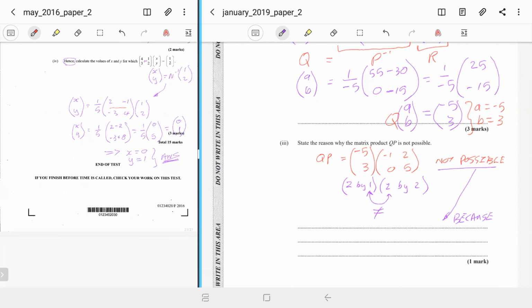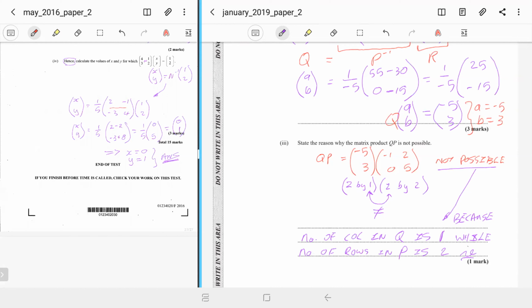Say it: not possible because the number of columns in Q is 1, while the number of rows in P is 2.